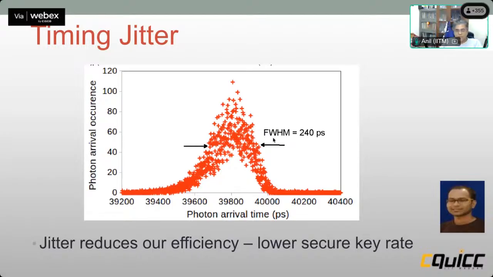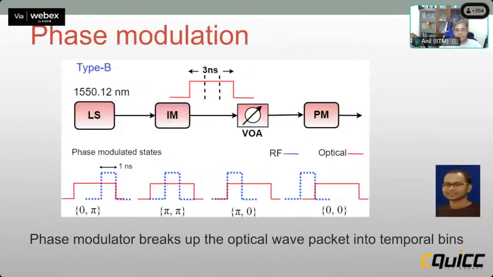And that's a good number for us, because remember, we were talking of using 1 nanosecond or 3 nanoseconds. And we want to know if its photon arrives in the first 1 nanosecond or in the second 1 nanosecond or in the third 1 nanosecond. And we can say that with an accuracy of 250 picoseconds.